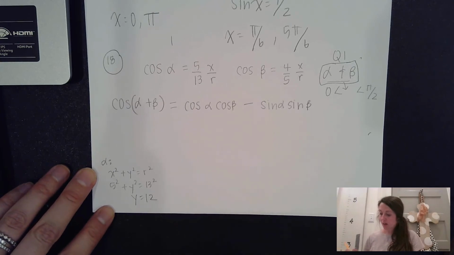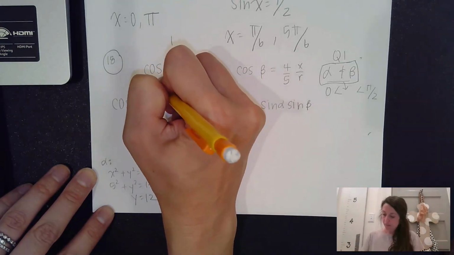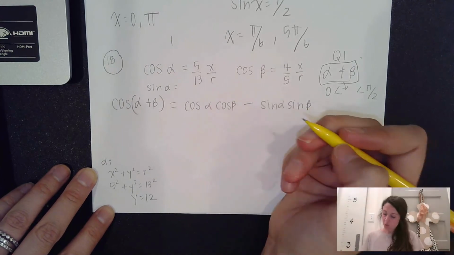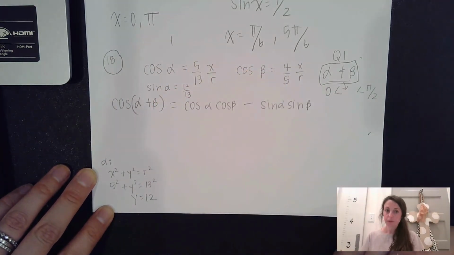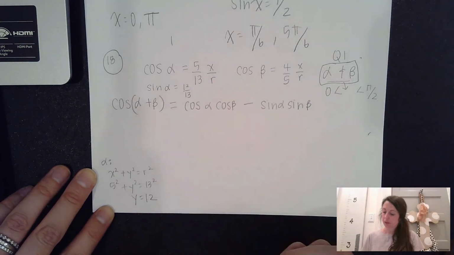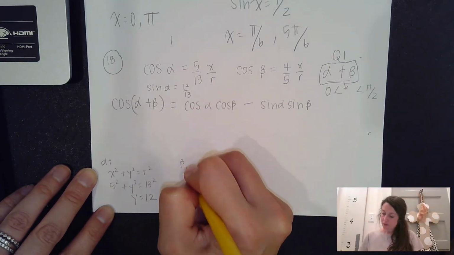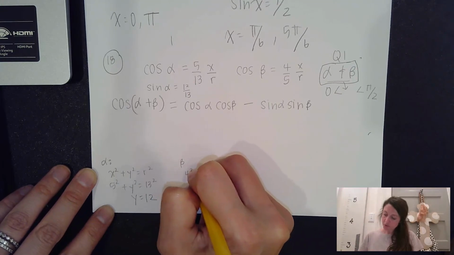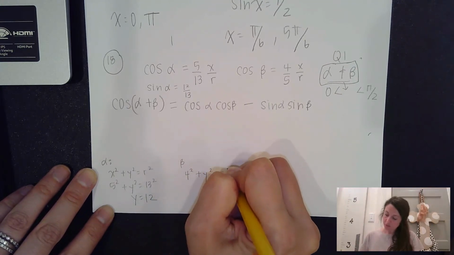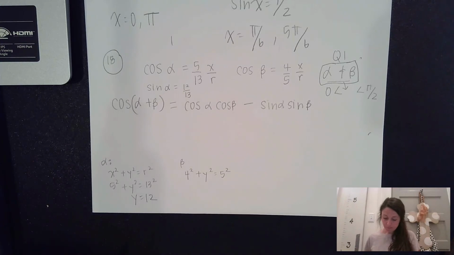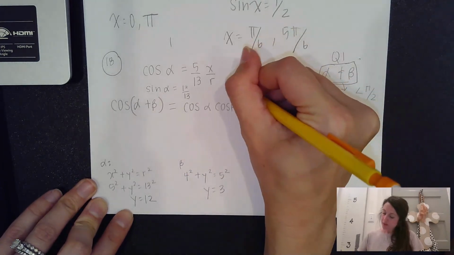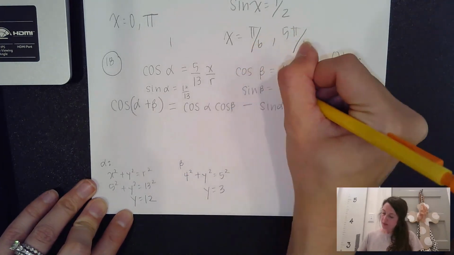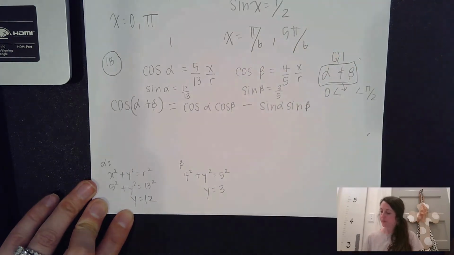So sine of alpha is just going to be 12 over 13, y over r. For beta, I do the same thing. So 4 squared plus y squared is going to be equal to 5 squared. So that's what, a 3? Yep. So y is going to be equal to 3. So that means that sine of beta is going to be 3 over 5.